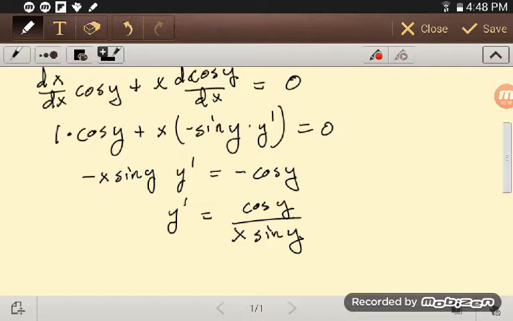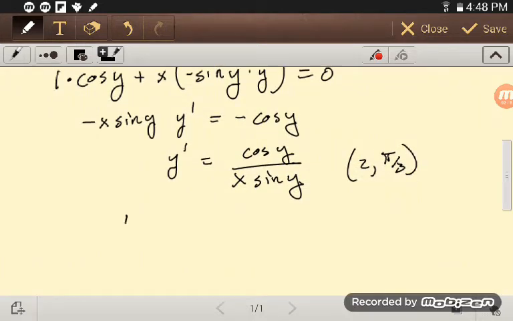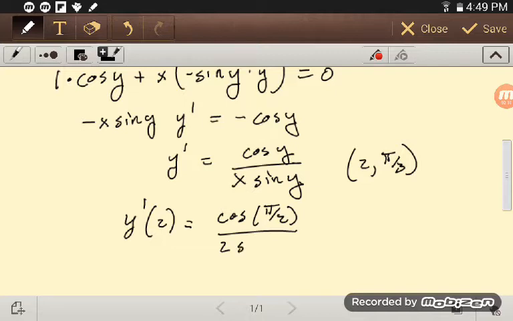And remember, our point was at 2, pi over 3. And so y prime of 2 is equal to cosine of pi over 3 divided by 2 times sine pi over 3.